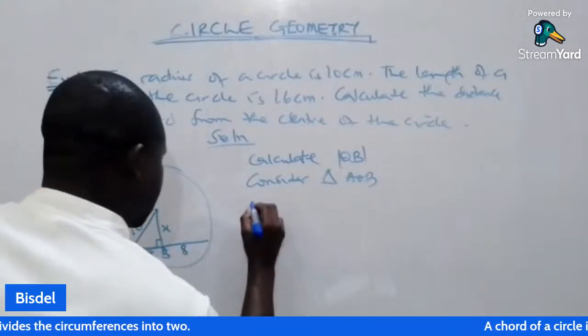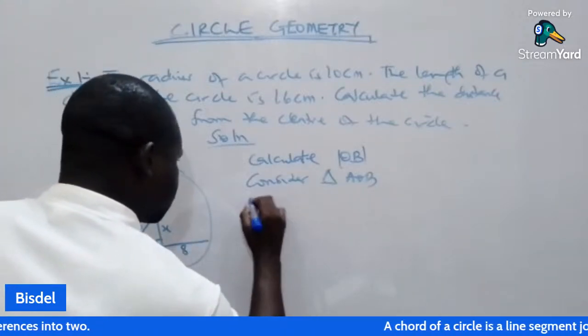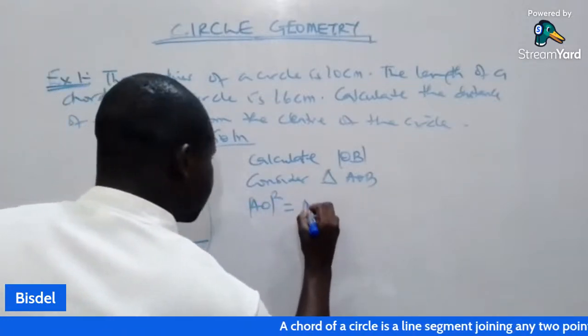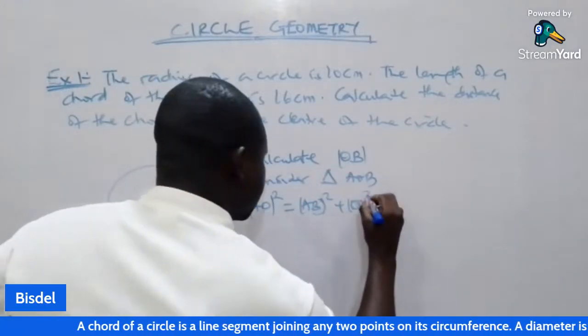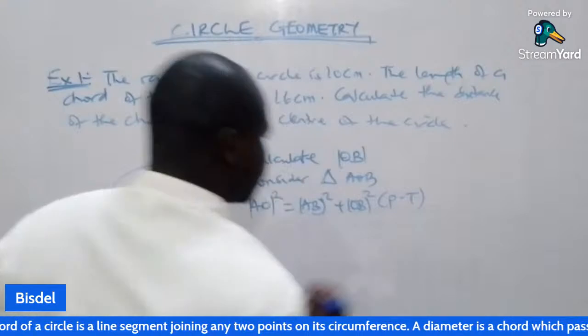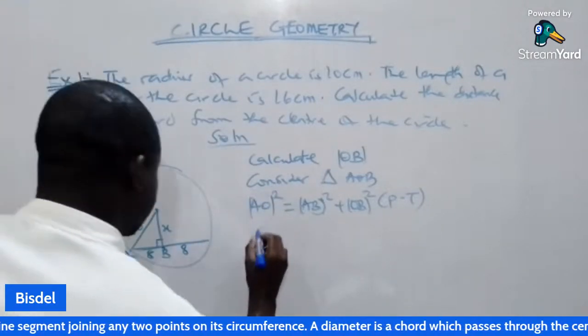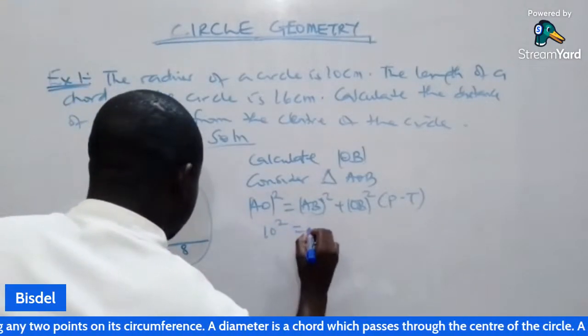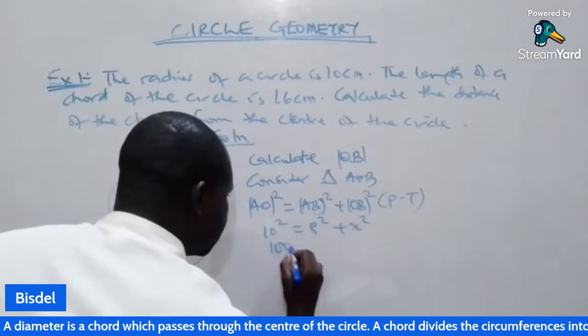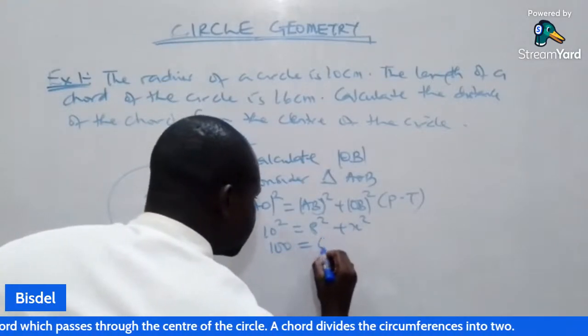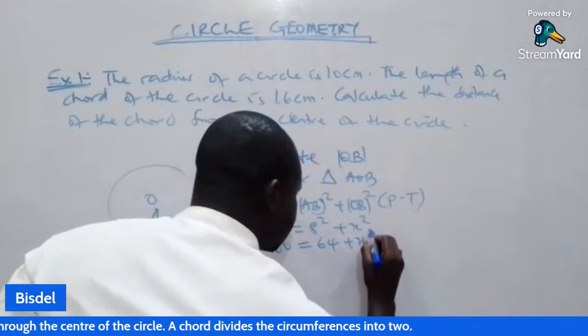So AO squared is equal to AB squared plus OB squared. Pythagoras theorem. AO squared, that is 10 squared, is equal to 8 squared plus X squared. Then we have 100 is equal to 64 plus X squared.